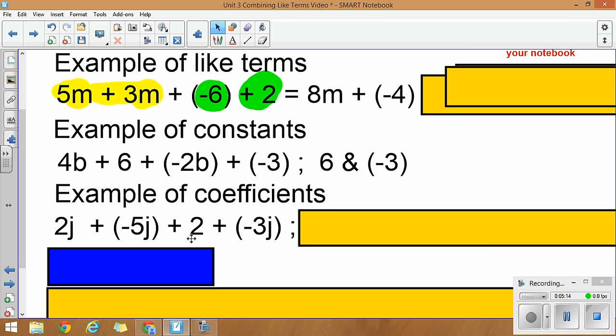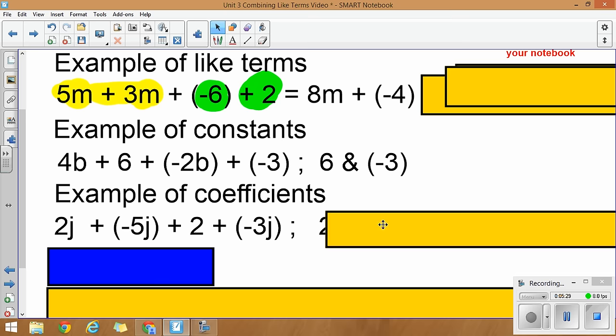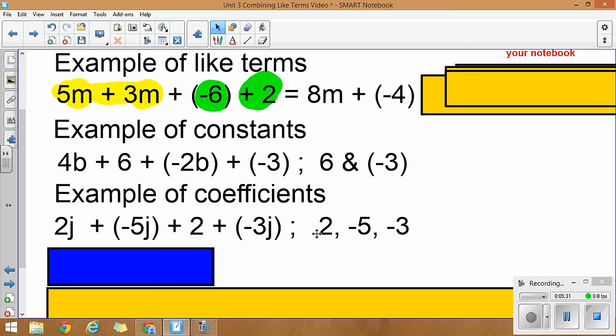2 is not being multiplied or divided to anything, so that's a constant, not a coefficient. There's no variable next to this. And finally, we're adding on negative 3 times j, so negative 3 would be our coefficient. So in conclusion, the coefficients are 2 from 2j, negative 5 from negative 5j, and negative 3 from negative 3j.